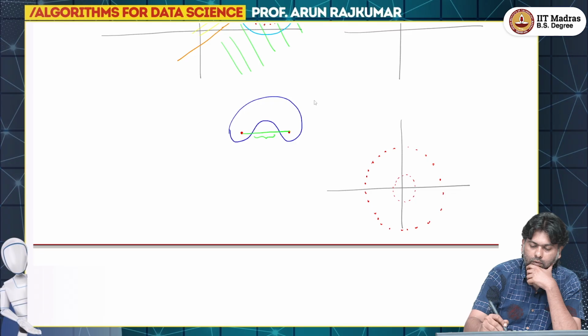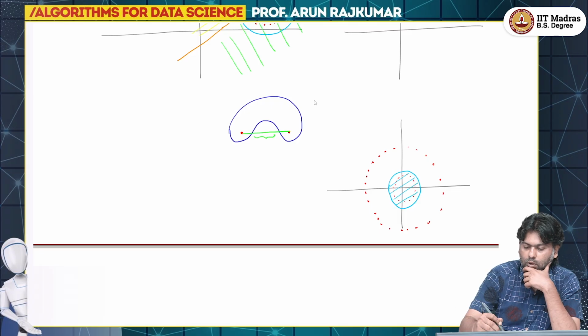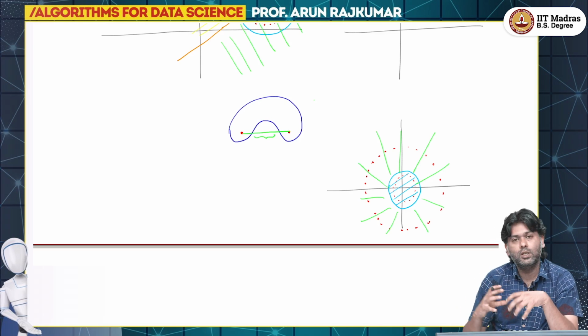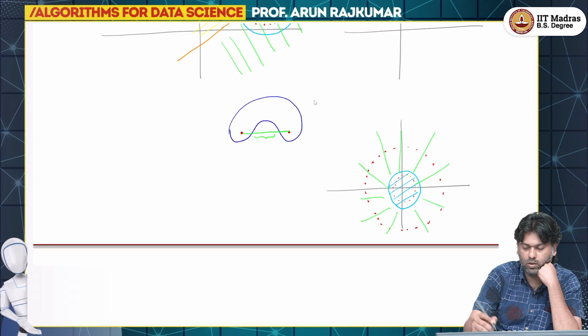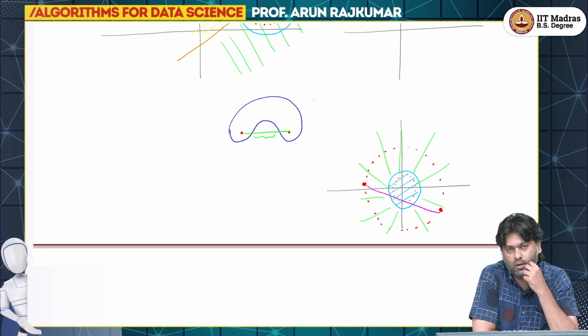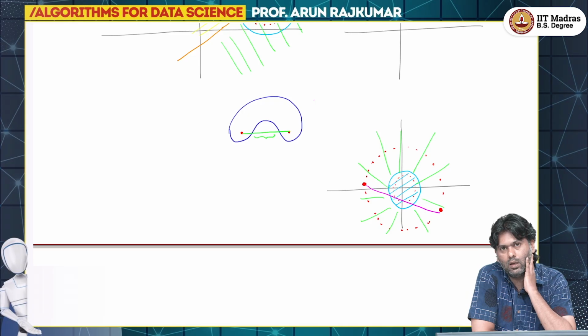So if you think of the cluster regions themselves, maybe this region belongs to one cluster, and everything else belongs to another cluster, and that clearly is the outer region. The inner region is a convex region, but clearly the outer region is not convex, because if I consider these 2 points, then the line joining them contains points which are not part of that cluster. It goes through the blue region, so that's clearly not a convex region.